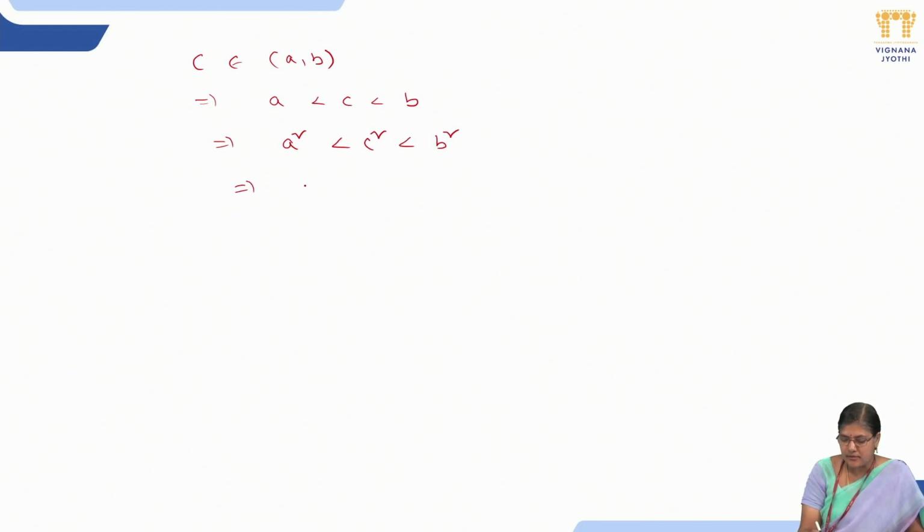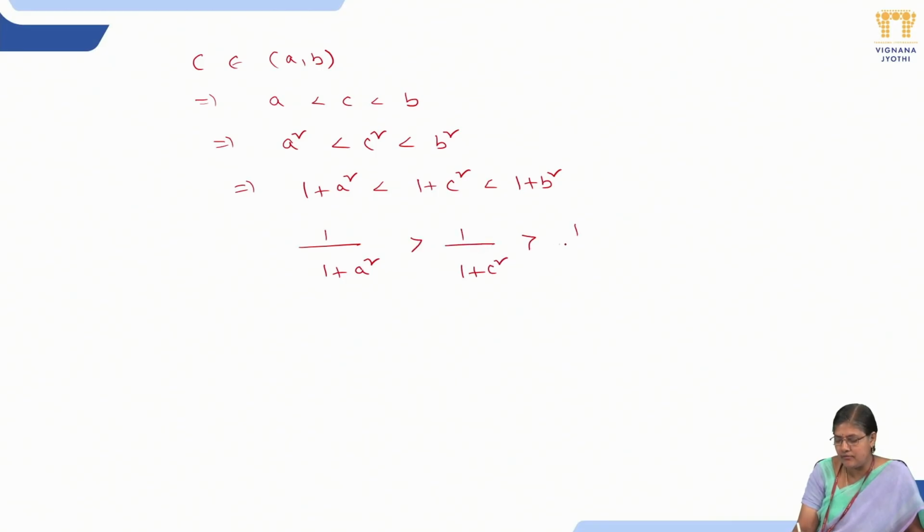That implies 1 plus a square is less than 1 plus c square less than 1 plus b square. By taking the reciprocal, we have 1 by 1 plus a square greater than 1 by 1 plus c square is greater than 1 by 1 plus b square.